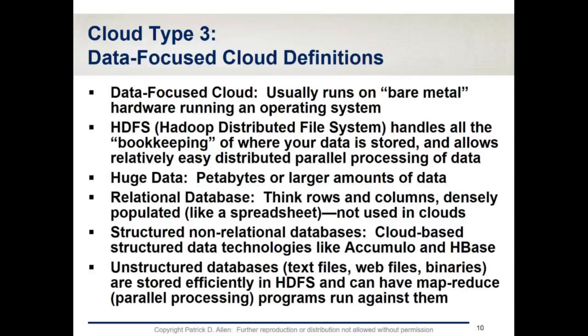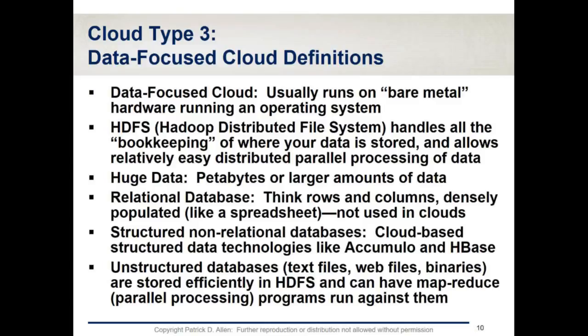Think rows and columns like a spreadsheet. Okay, and I'll give you an example coming up of how you then translate from the traditional relational database into the data structures that are used in the cloud. They don't use relational databases in the cloud, but the good news is you can translate your relational databases into the cloud format fairly easily.